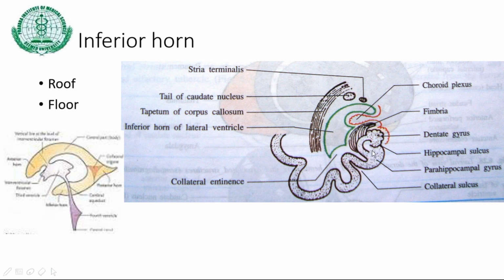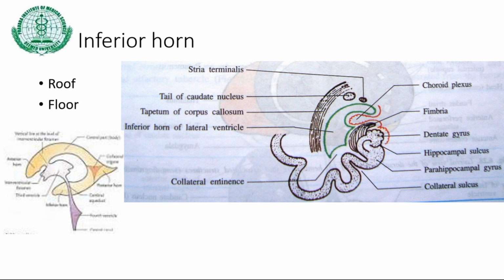Now, the hippocampus is also a prominent longitudinal elevation medial to the collateral eminence. This belongs to the limbic system and presents an enlarged anterior end with oblique grooves, which resembles an animal's paw, known as pes hippocampi.